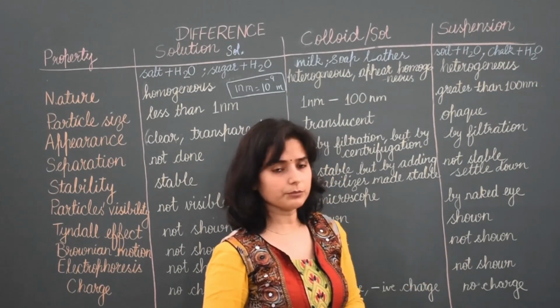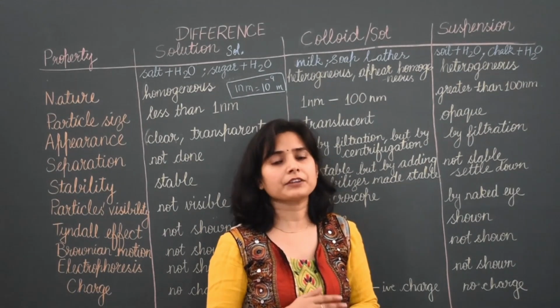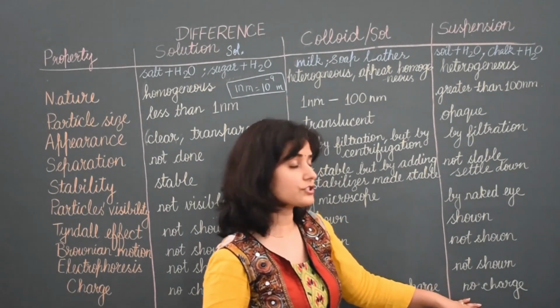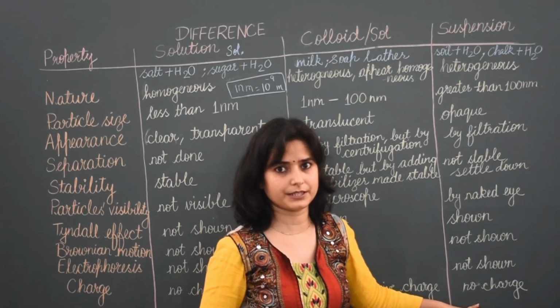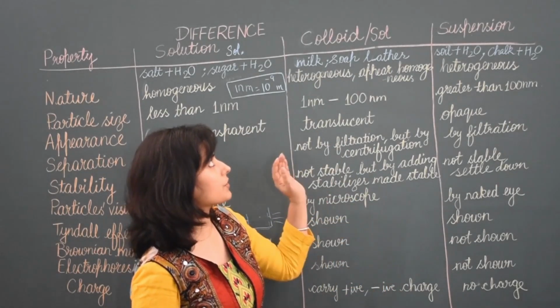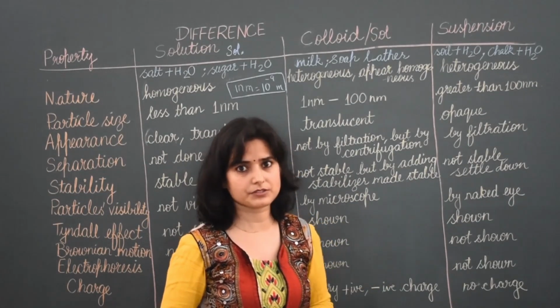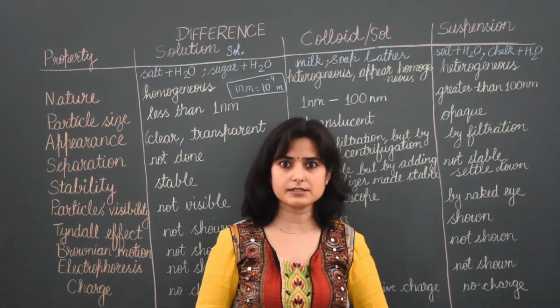Electrophoresis is not shown because particles settle down, they do not mix properly and they do not form charges, so charges are also absent. So these were the characteristics, properties of a solution, colloid or suspension, and the difference in these three. Next topic we will discuss tomorrow.